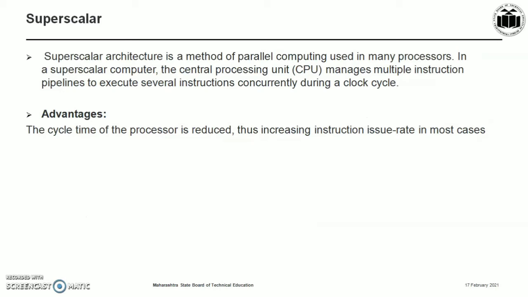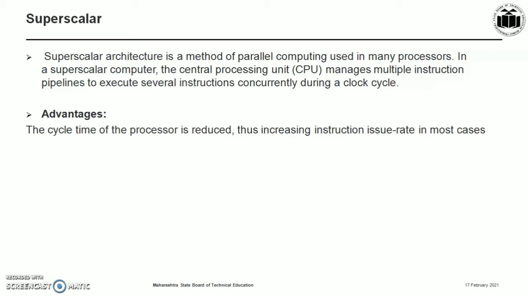Superscalar architecture is a method of parallel computing used in many processors. In a superscalar computer, the central processing unit, CPU, manages multiple instruction pipelines to execute several instructions concurrently during a clock cycle.